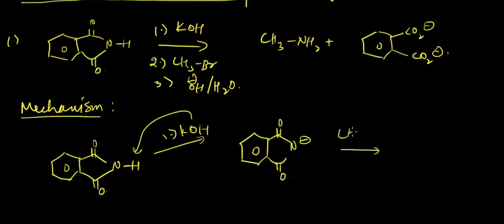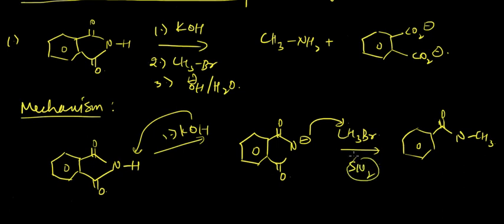In the second step we are passing CH3Br, so what will happen is the N atom will actually attack on CH3 and we will get something like this, via SN2 mechanism. Okay, good nucleophile will attack on an electrophile.